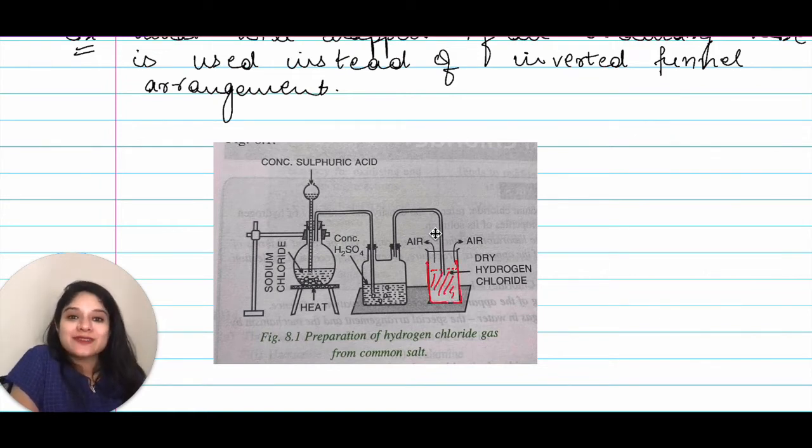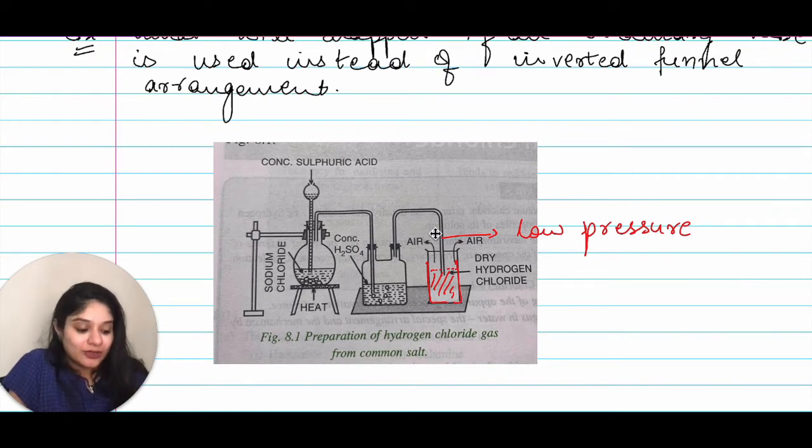Now what would happen is, the speed with which HCl gas is being generated is comparatively low to the speed with which HCl gas is being dissolved in water. So the HCl gas will keep dissolving. This will create a low pressure in this tube. Because of that, water will start going up and occupying that space.